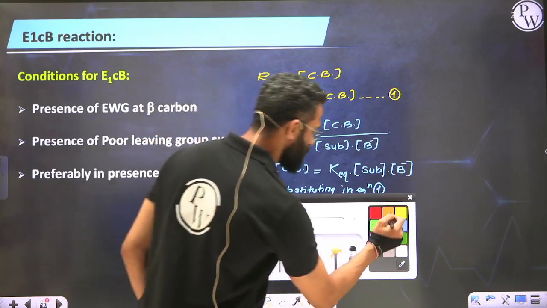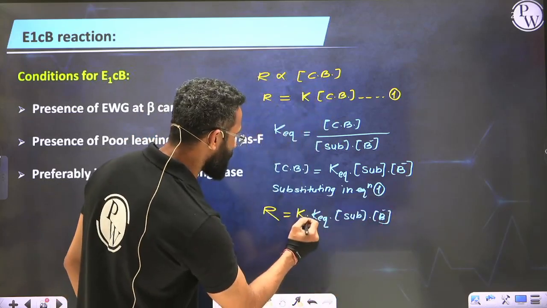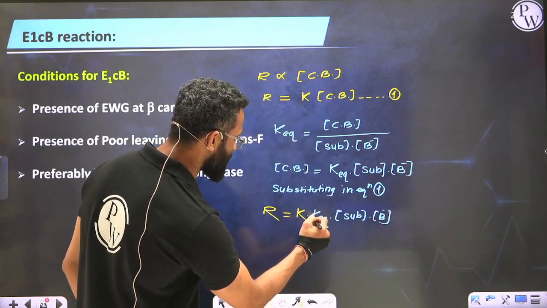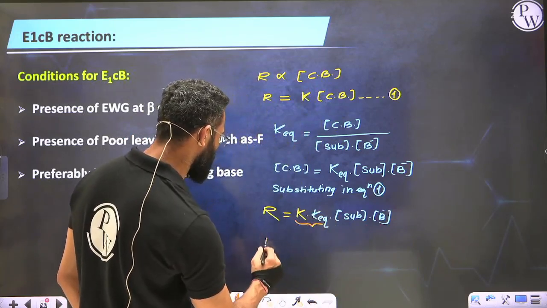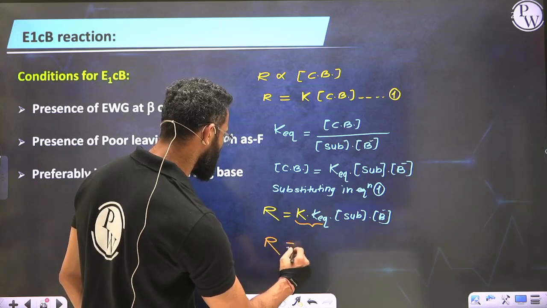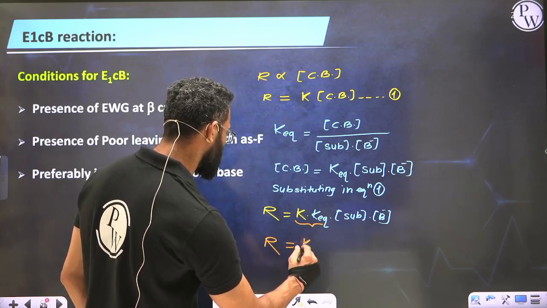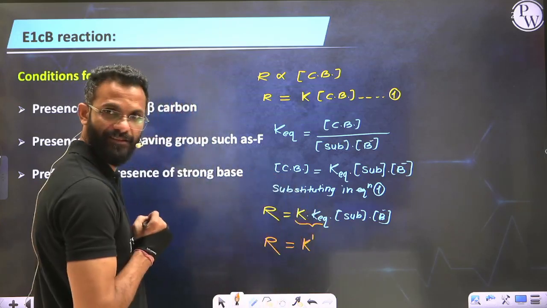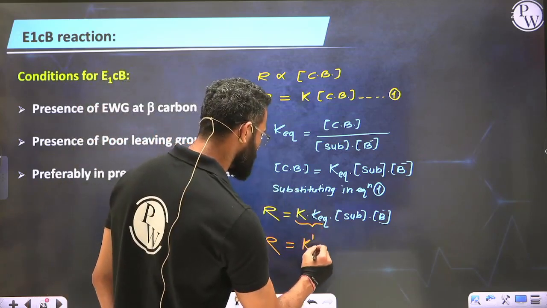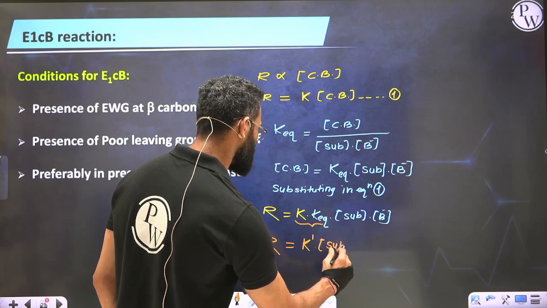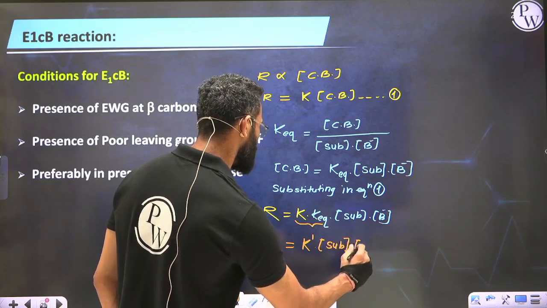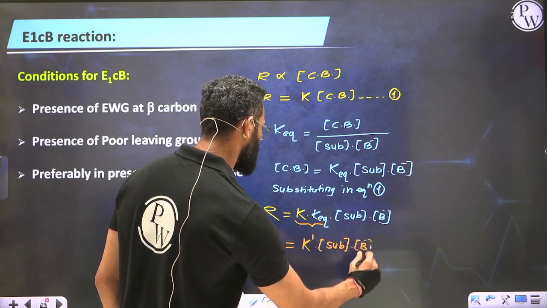Now this K is a constant, and K equilibrium is again an equilibrium constant, so the product of two constants will be a new constant. So you can write it as rate is equal to a new constant, let's call it K dash, into the molar concentration of substrate into the molar concentration of base.